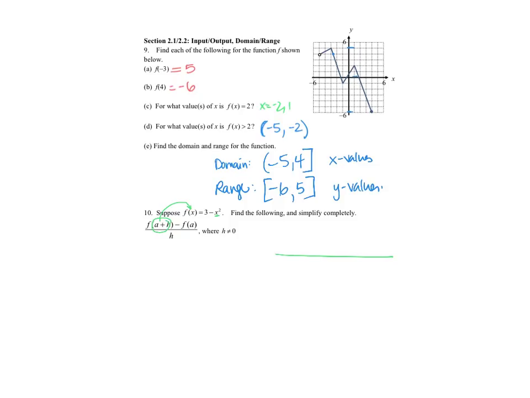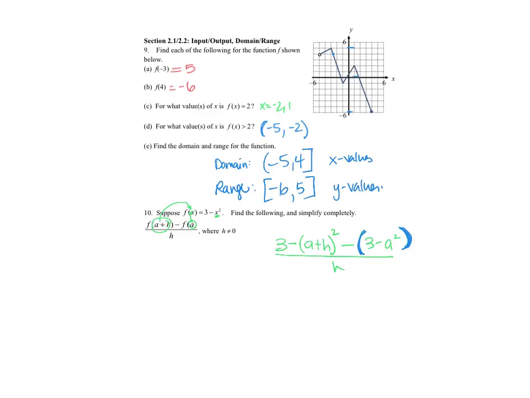So f of a plus h is going to be 3 minus (a plus h) squared. And then I'm going to do minus. And now I need to do f of a. So that means I'm going to take this a value and plug it in for x here. So f of a is equal to 3 minus a squared. And you've got to remember these parentheses here because we're subtracting all of f of a. So you have to subtract the whole thing. And that's all over h.